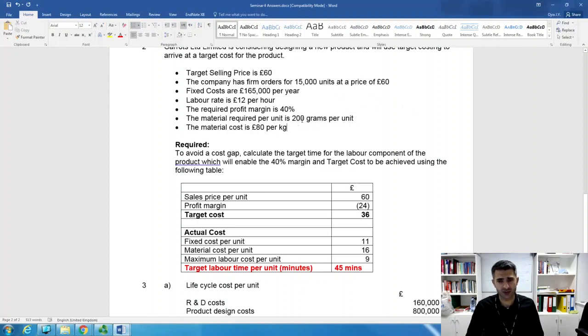So in this case, guys, you need to divide 80 by 5, and you should be able to find 16. Okay, here we go. So that's 16 here, the material cost per unit.